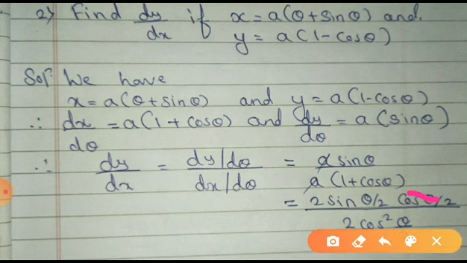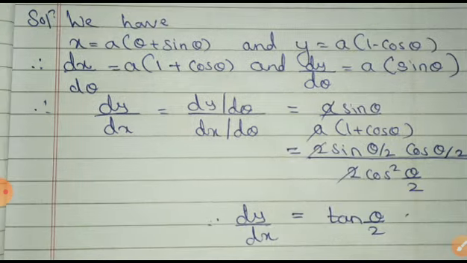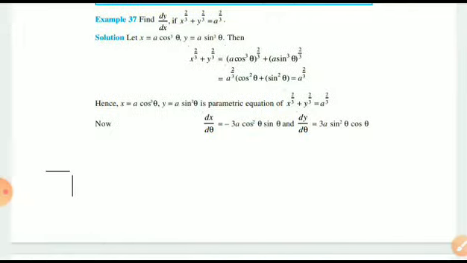So now here one cos will cancel, 2 and 2 will get cancelled, and then sin by cos is nothing but tan. So the final answer you'll be having is tan of theta by 2. Is that clear? So in case of MCQ you may be given the answer as tan theta by 2. So the answer is this.